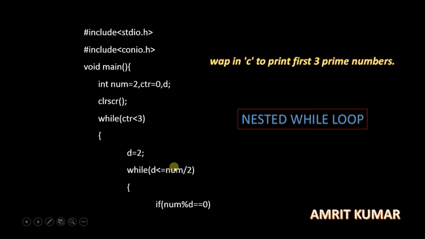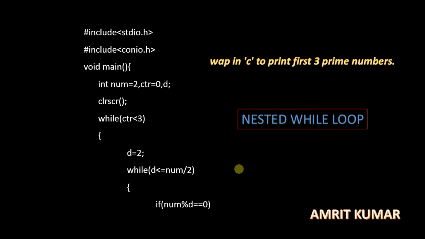So 2 divided by 2 returns the quotient value, which is 1. We can say d is less than or equal to 1. But d is 2 here. Is 2 less than or equal to 1? It is a false statement.